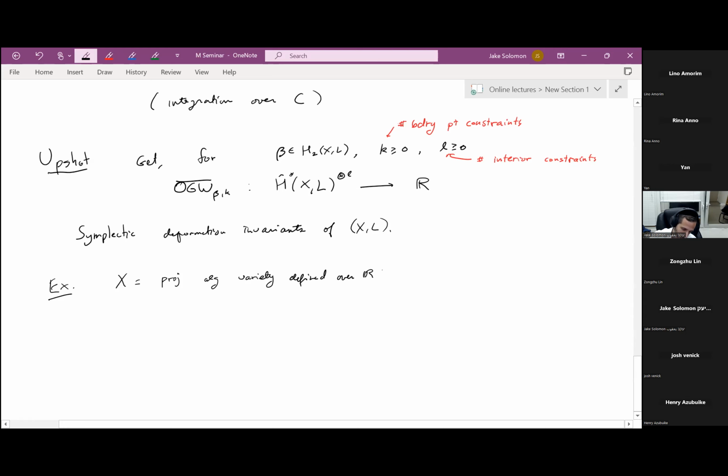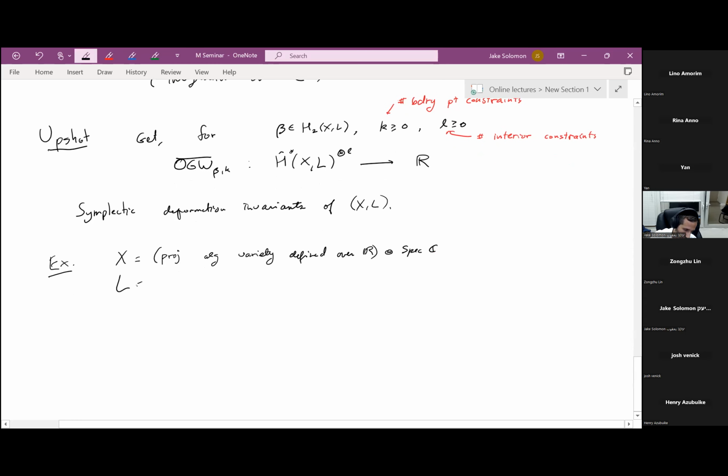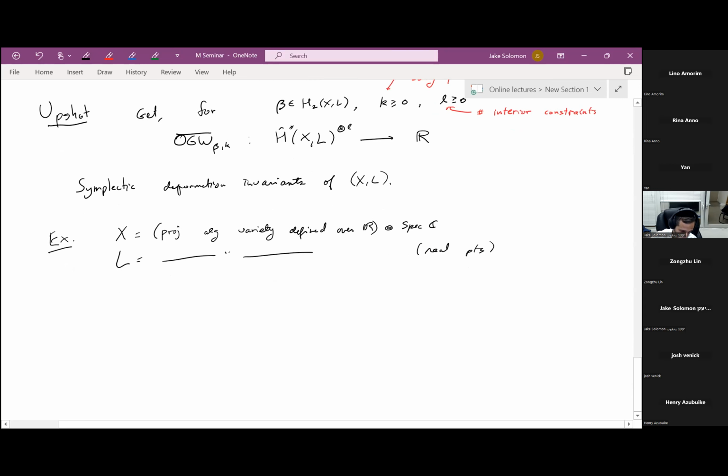Let's just make it short and say base change to C. And L will be the same thing, but without any base change, the real points. And then you have a typical Lagrangian submanifold.